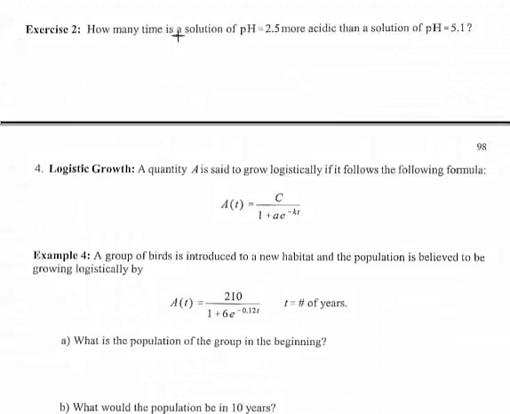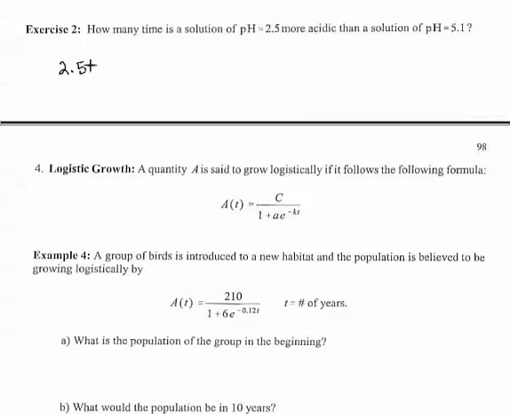Exercise 2: how many times is a solution of pH 2.5 more acidic than a solution of pH 5.1? Well, let's calculate the H ion concentration of the solutions.